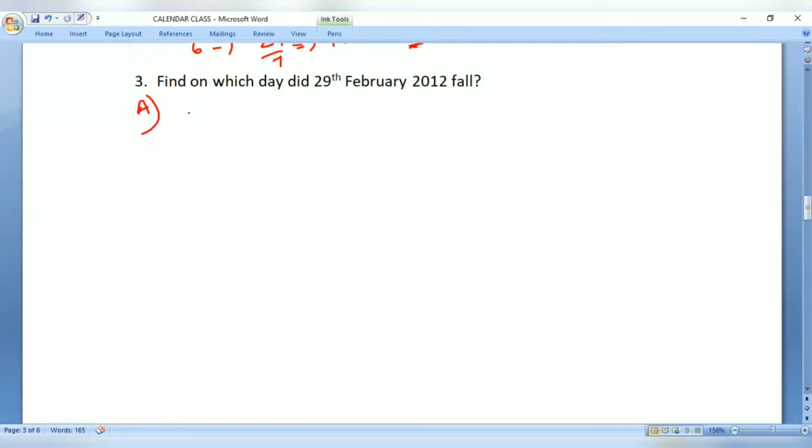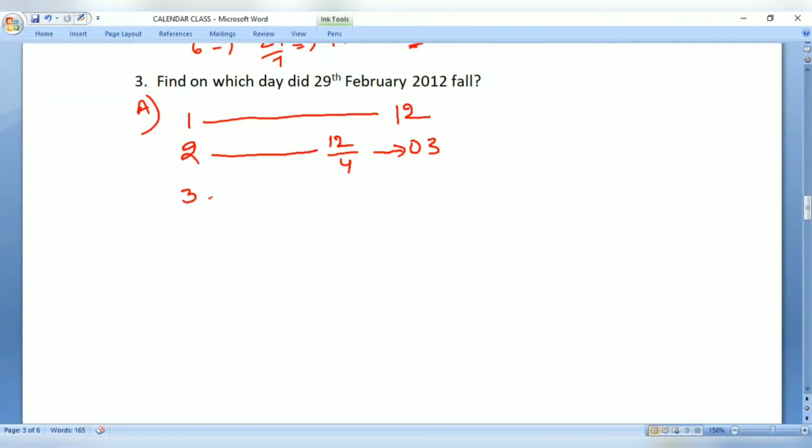What is the first step? Take the last 2 digits, that is 12. Now the second step: divide 12 by 4. So 4 threes are 12, and the quotient is 3. So 03.